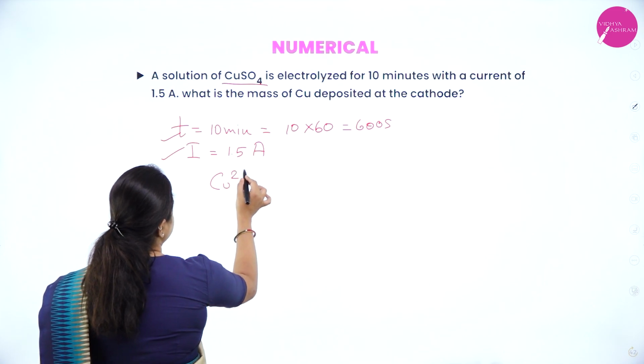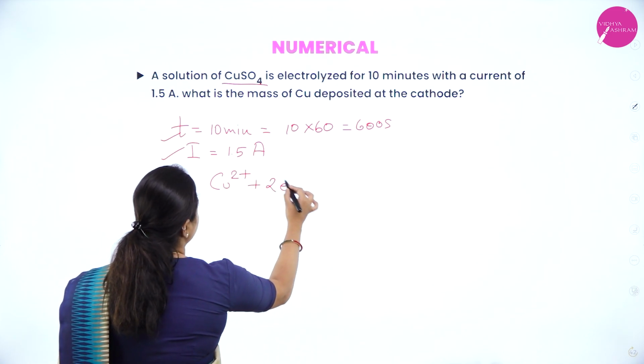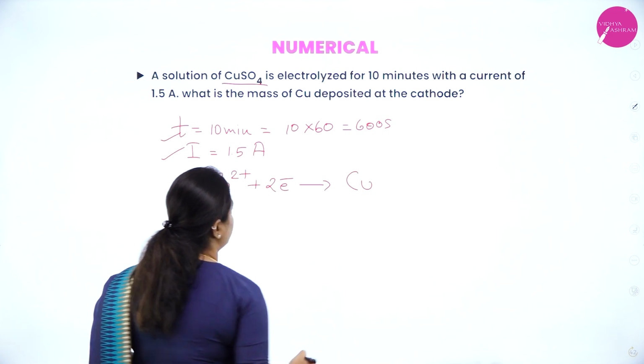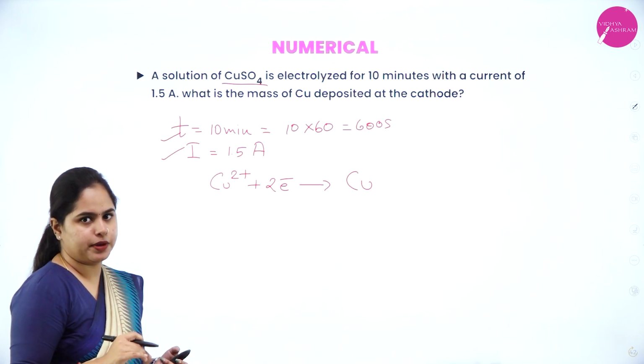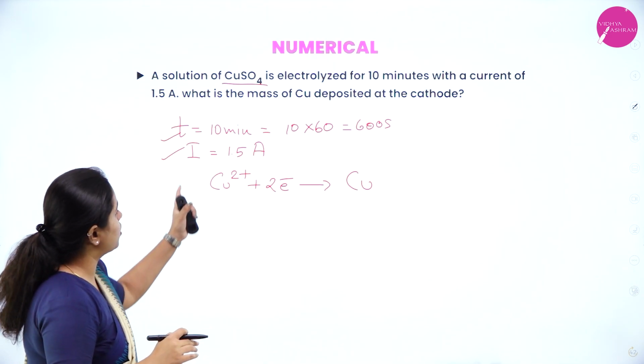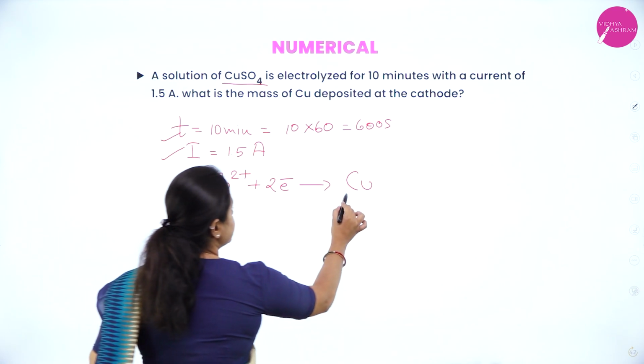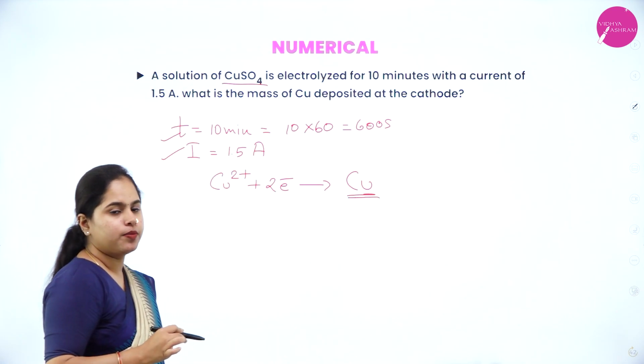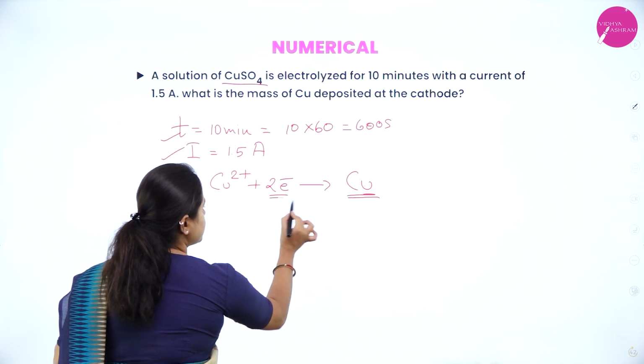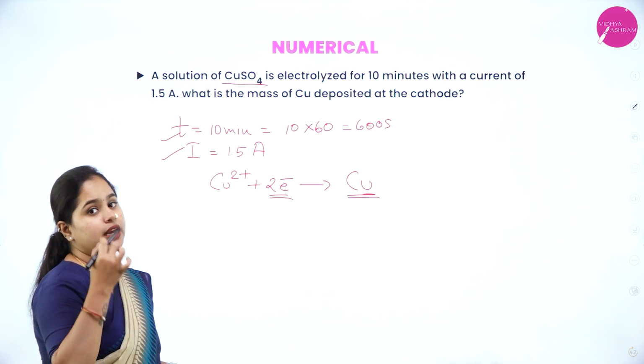Cu2+ accepts 2 electrons and forms Cu. This will be the reaction that is taking place. So what we are going to calculate is the mass of Cu which is deposited. What is the number of electrons involved here? Yes, it is 2.